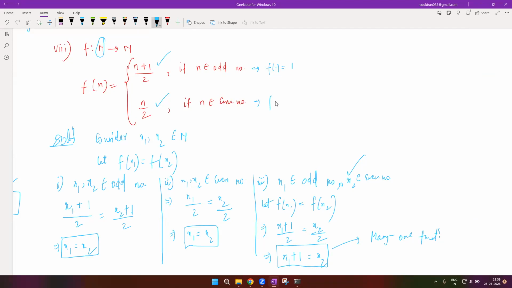And if you put 2, then you will put 2 in this expression. This is also 1. So 1 and 2 produce the same output. Similarly, 3 and 4 will produce the same output. Similarly, 5 and 6 will produce the same output. Works like that.